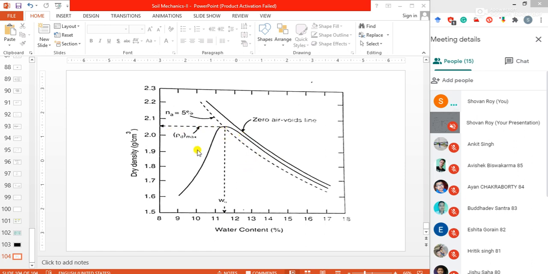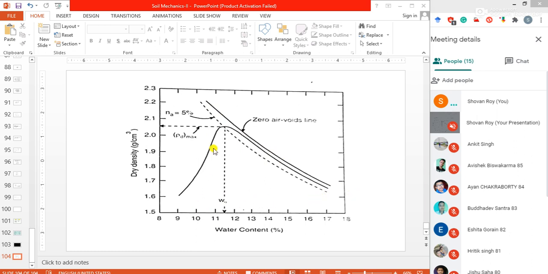The name of this plot is the optimum moisture content versus maximum dry density graph. Okay, this is the main compaction characteristic through which we can identify at which water content soil will give us the maximum dry density. Now another thing you can see in this graph is the zero air voids line.